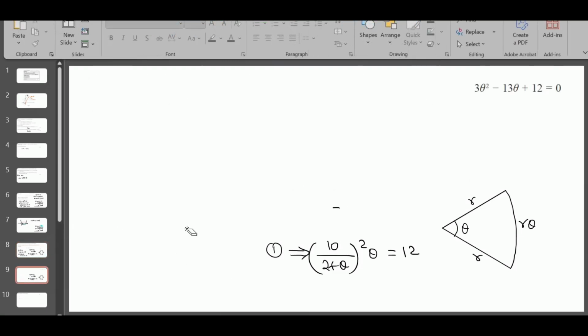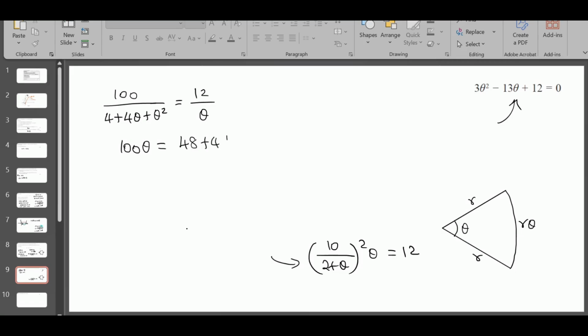Okay, they want us to frame this equation. We ended up having this one. When you expand it, 10 square over 2 square plus 2ab plus theta square. Bring the other theta to the other side. Cross multiply. 100 theta is 12 times everything, which is 48 plus 48 theta plus 12 theta square.